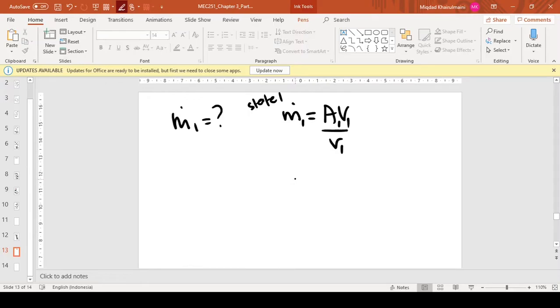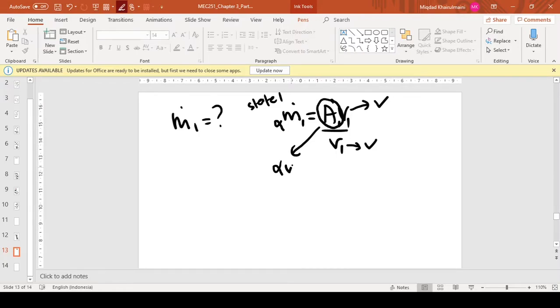The velocity at state 1 we have already calculated in the first item. Specific volume at state 1 we can also find because it's a property at state 1.